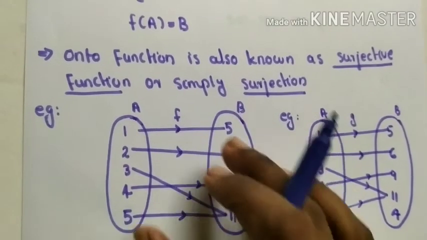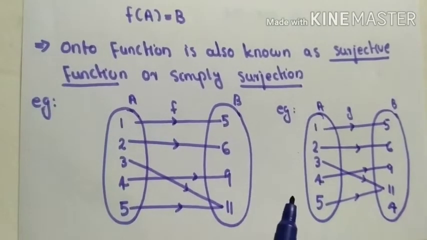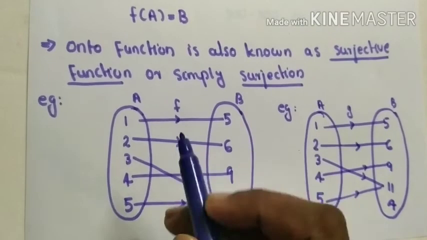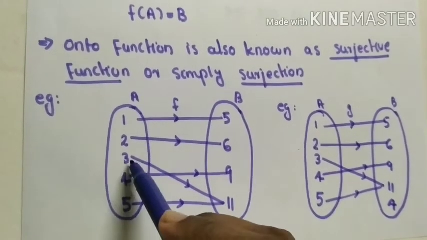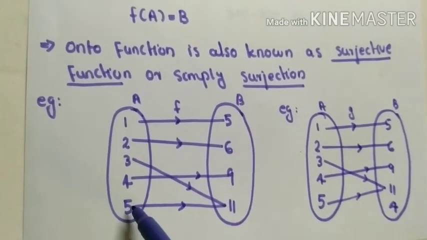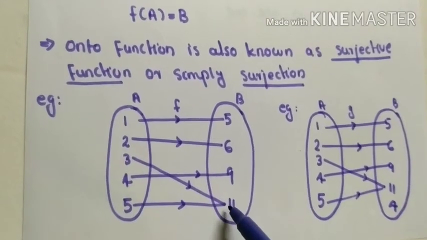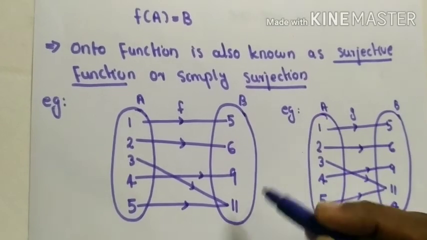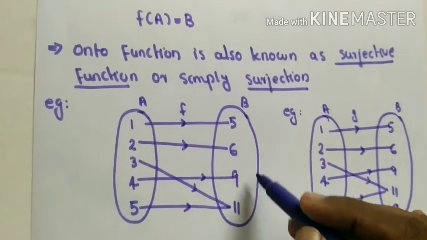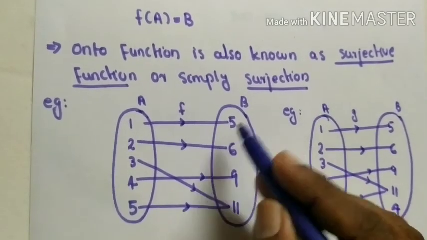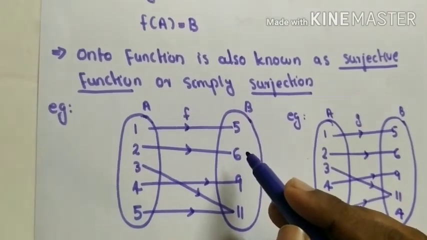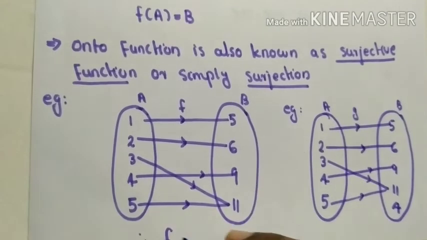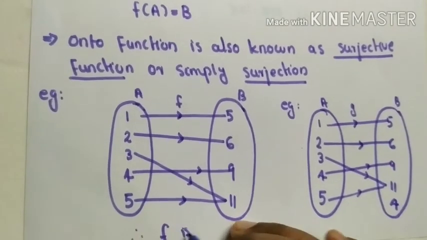So here f is onto, and it is very clear that the two elements 3 and 5 are mapped to the same element 11 here. Every element in the codomain has a pre-image, therefore we can say that f is onto.